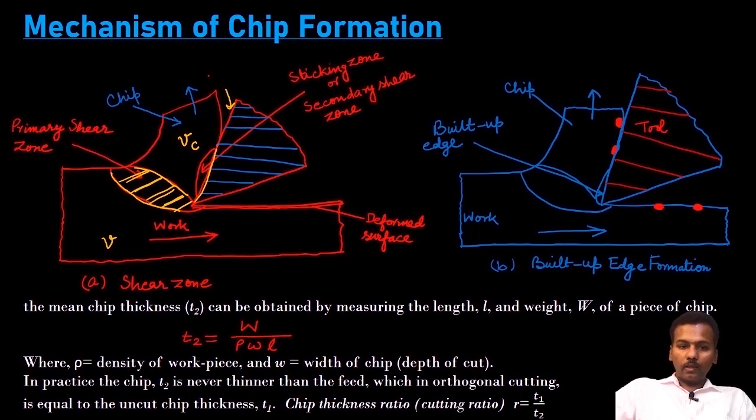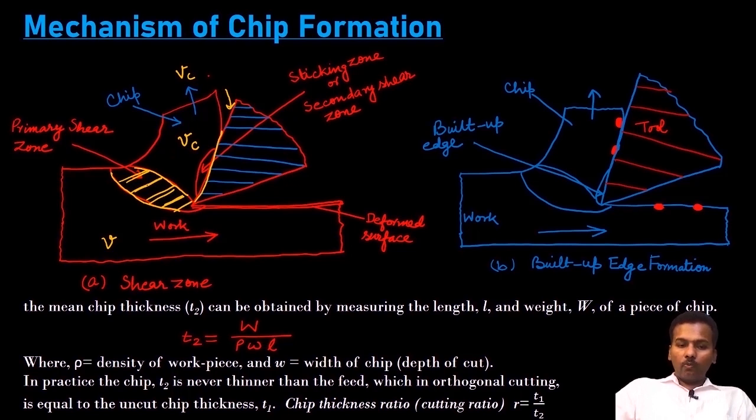Suppose this is the length where the chip remains in contact with the rake surface. This length is called the chip-tool contact length, and further on the chip separates here. So this is the chip velocity. So this is the chip, you see.